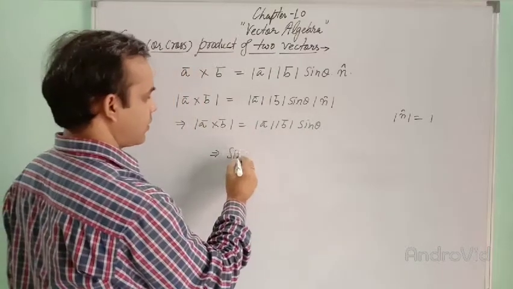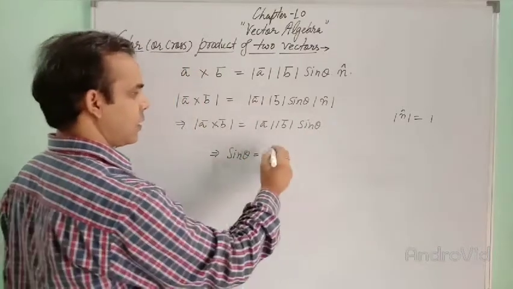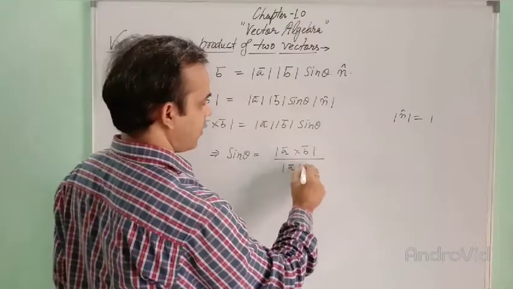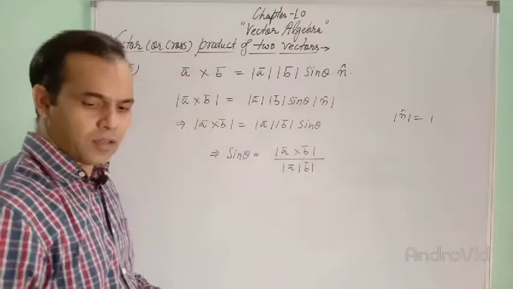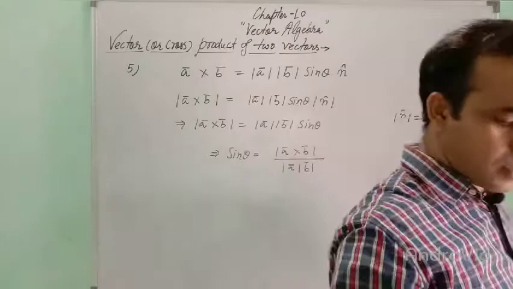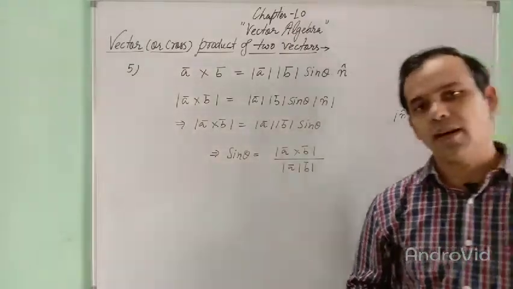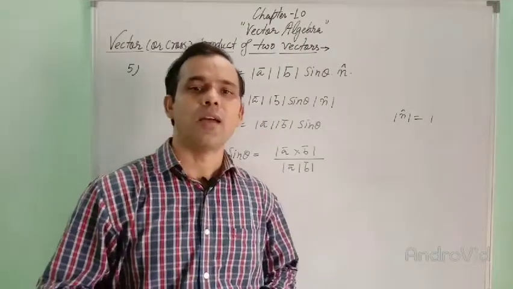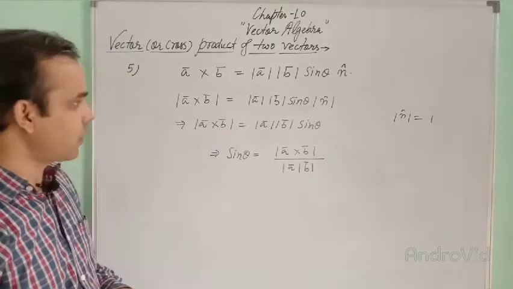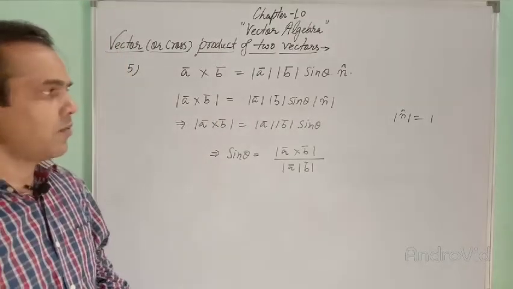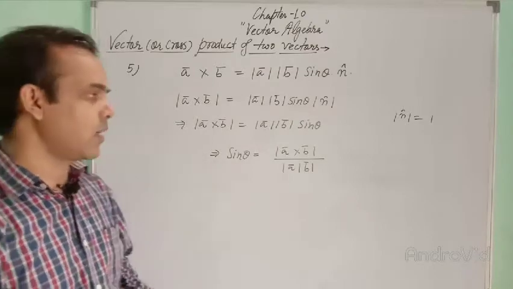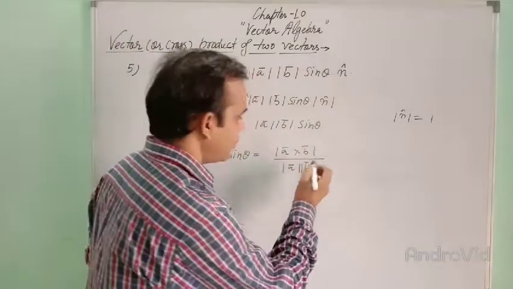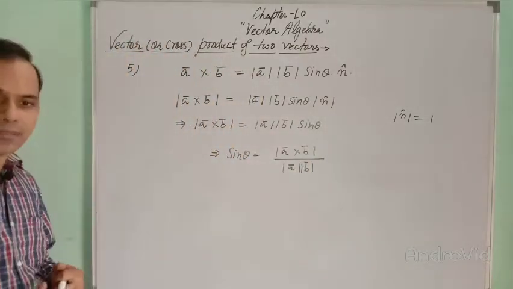So this way we can get the angle between the two vectors as sin theta equal to magnitude of A cross B divided by magnitude of A vector, magnitude of B vector. You remember that in the dot product we get the angle between the two vectors by the relation cos theta equal to A dot B upon magnitude of A, magnitude of B. But in vector product we will have the formula for finding the angle between them, that is sin theta equal to magnitude of A cross B divided by the magnitude of A, magnitude of B. Clear?